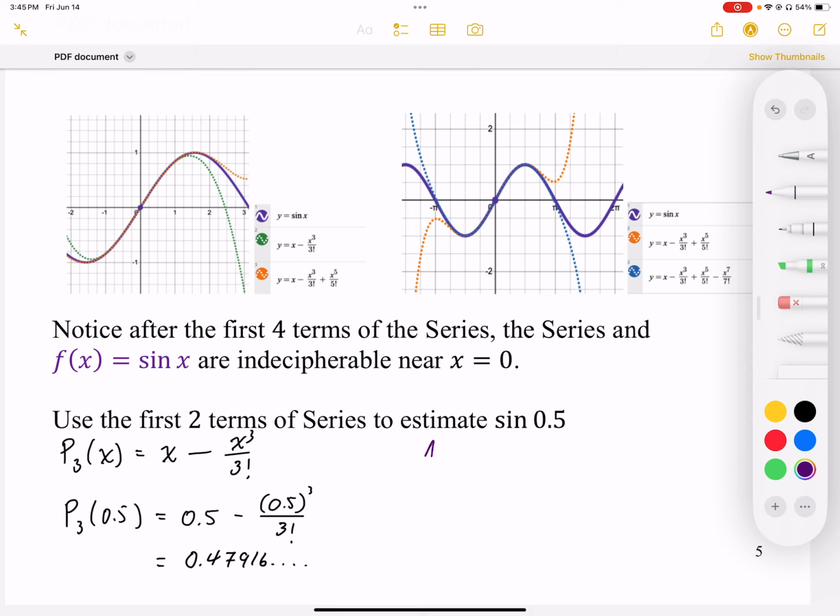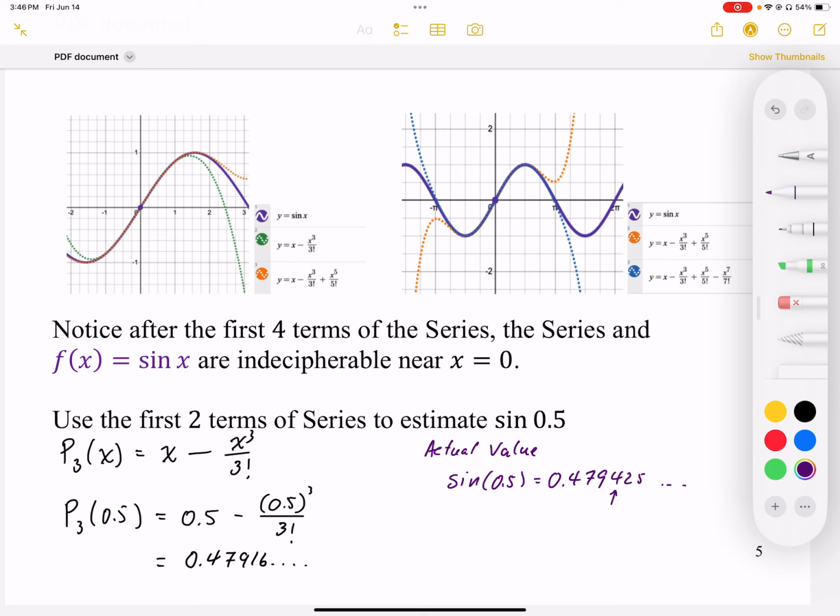The actual value of sine of 0.5 is 0.47945, and it goes forever.